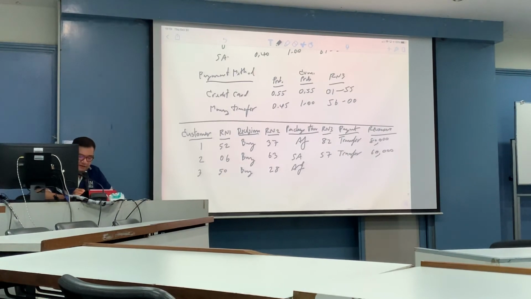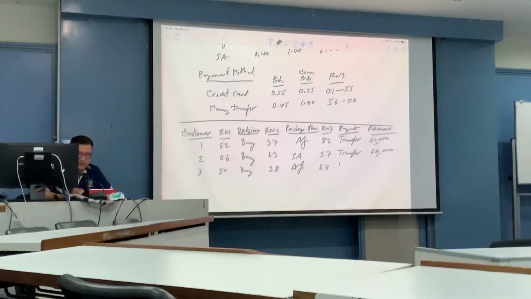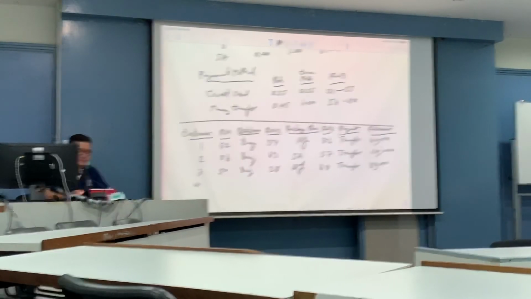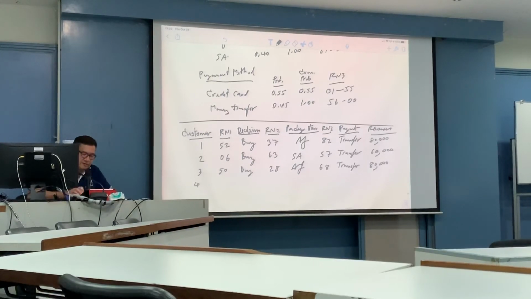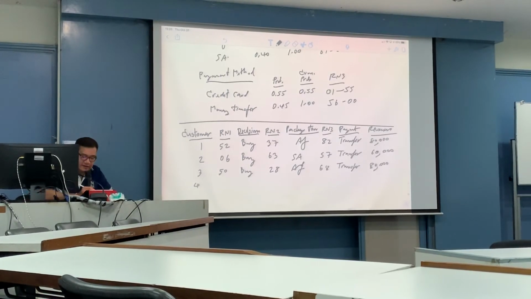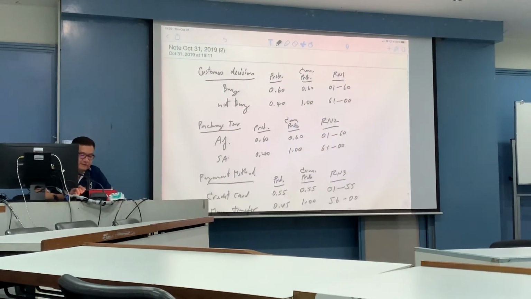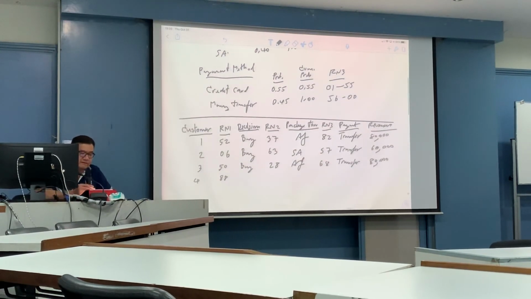For the payment, the next is 68. 68 is still the transfer method, so you have another 80,000 baht. Customer number 4, let's say. The next random number for the first variable is 88. You can see that 88 is in the range of 61 to 100, right? The customer will not buy.